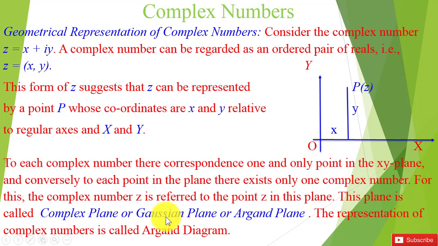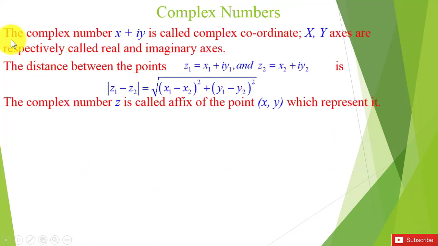This plane is called complex plane or Gaussian plane or Argand plane. The representation of complex numbers is called Argand diagram. The complex number x plus iy is called complex coordinate. X, Y axes are respectively called real and imaginary axes.